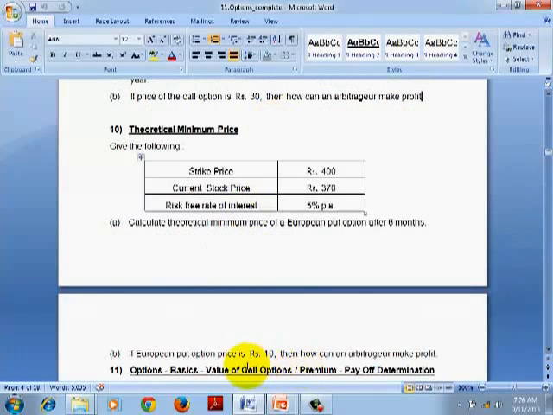Part B says if the European put option price is rupees 10, then how can an arbitrager make a profit?